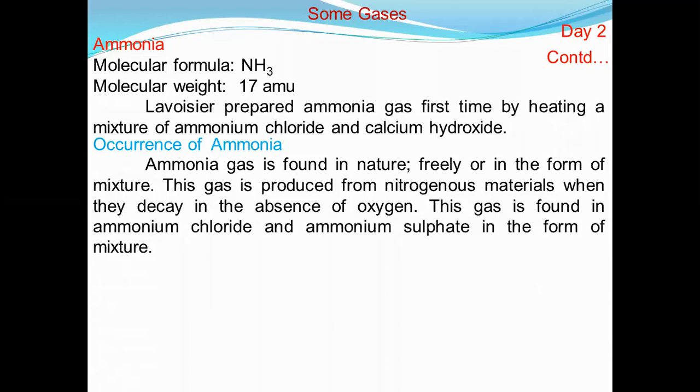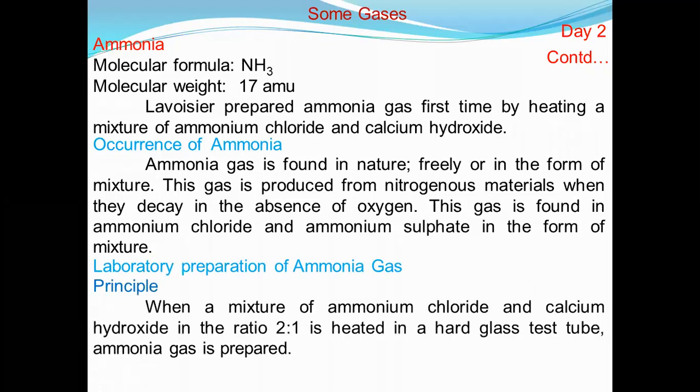Now we are going to learn about the laboratory preparation of ammonia gas. How can we prepare ammonia gas in the laboratory? For that, we take a mixture of ammonium chloride and calcium hydroxide in the ratio 2 is to 1, means 2 parts ammonium chloride to 1 part calcium hydroxide.